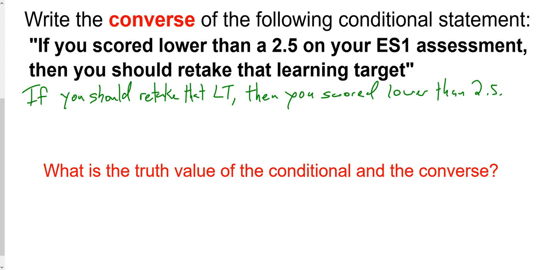Well, they're saying that everyone that should retake it had to score lower than a 2.5. We could definitely have someone that wants to retake it that maybe got a 2.5 or a 3, but wants to get an A in the course, so they're going to retake it so that way they can have a better chance at getting an A. So the original conditional has a true truth value, but the converse has a false truth value.